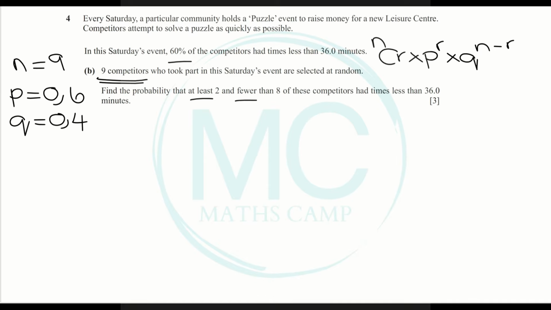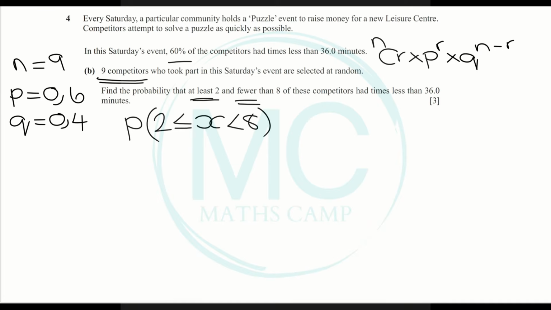The question tells us we need to consider the probability of at least 2, but fewer than 8. That means that X has got to be greater than or equal to 2, but smaller than 8. We need to consider X values of 2, 3, 4, 5, 6, and 7.